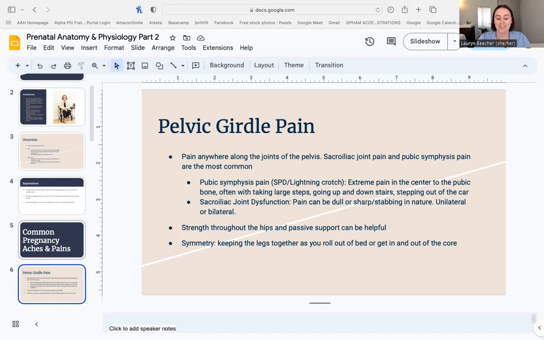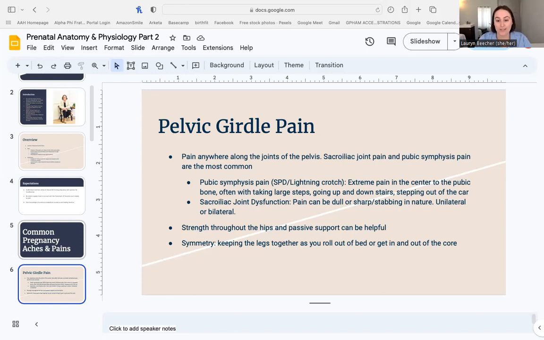Activities like cat-cow, where there's a little bit of that forward-backwards movement, but none of that shearing at the pubic bone. So just be mindful of avoiding things where the knees are both falling out to the side, or where one foot is significantly in front of or behind the other, as that can all be very painful.